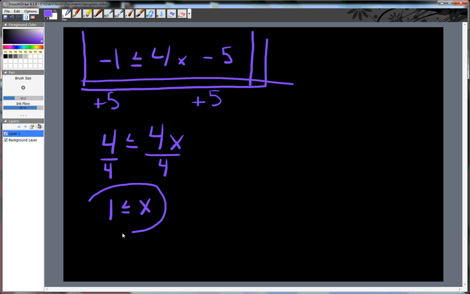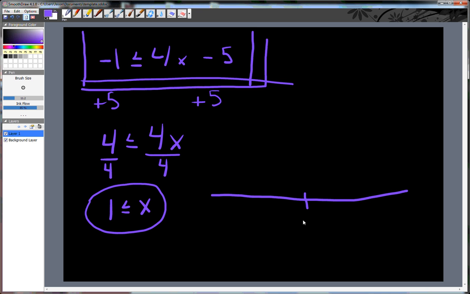So here's our inequality. Now you want to read this from the perspective of x. So x is greater than or equal to 1. So the choice we're going to pick is going to look like this.